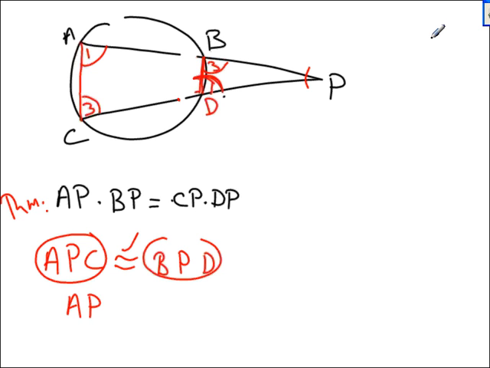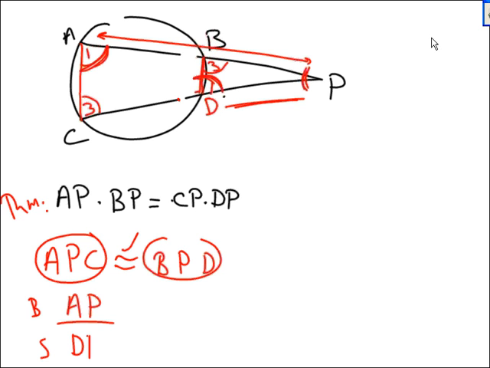AP. One end is angle 1, the other angle is angle 2. That's the big triangle, big to small. In the small triangle, angle 1, angle P, that's DP. That's DP equals. Now I'm going to use another ratio.